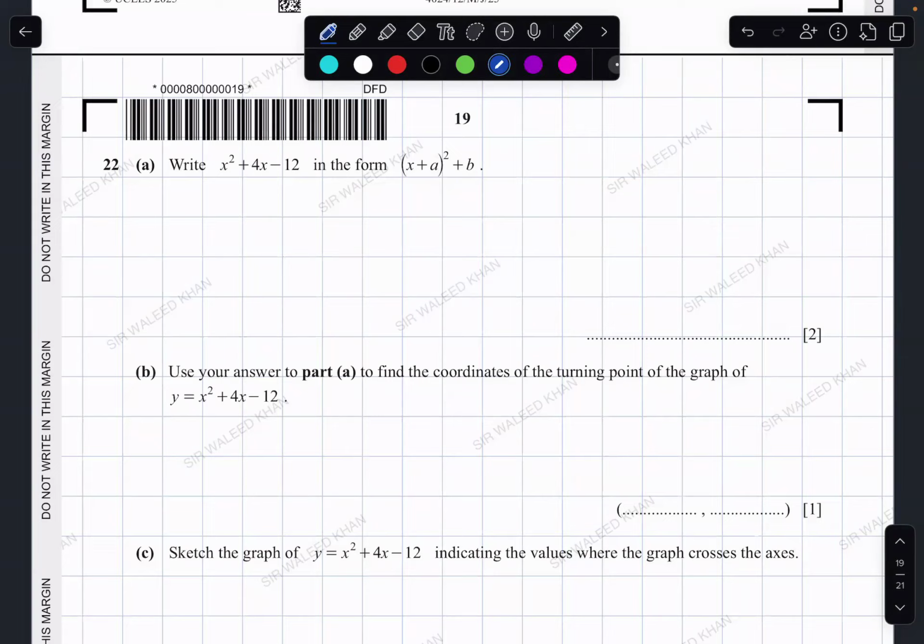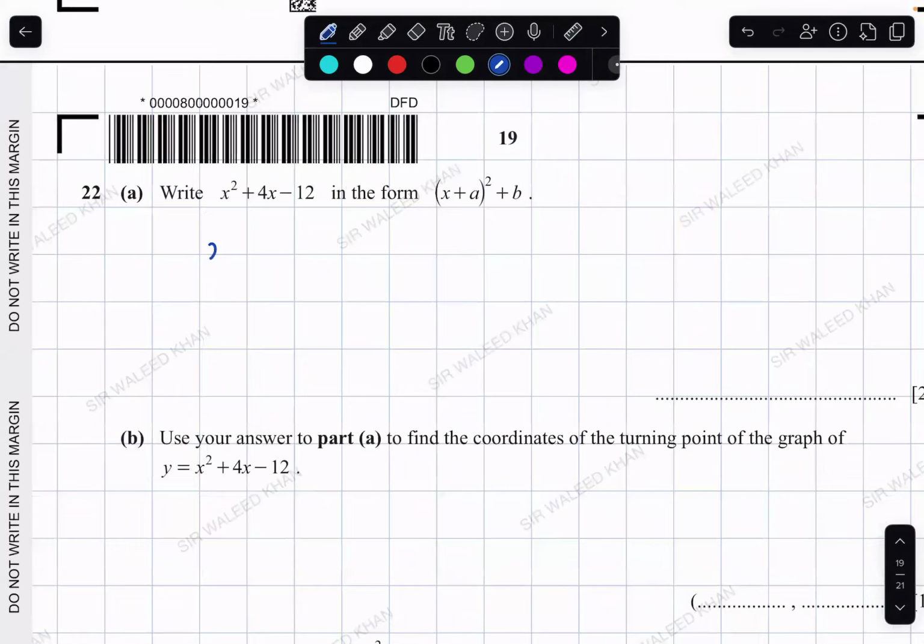Okay. So write this over here in the form of this. So it's the completing the square method. All you have to do is the coefficient of x should be divided by 2 and squared. So 4 divided by 2, that is 2, and square it. So we have 2 squared. You add and you subtract the same value, minus 12. Now look at the first. We have to apply the identities.